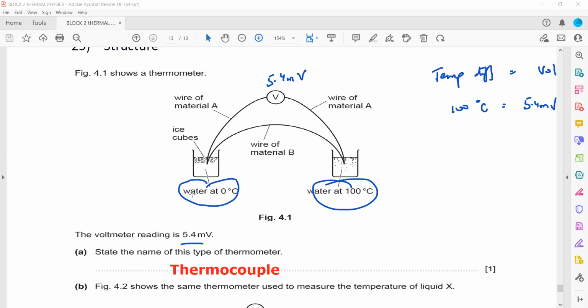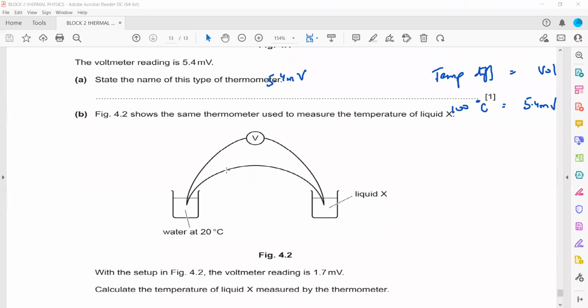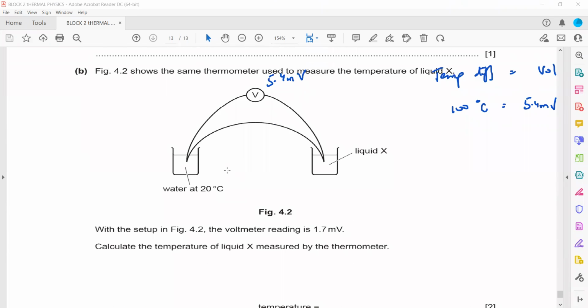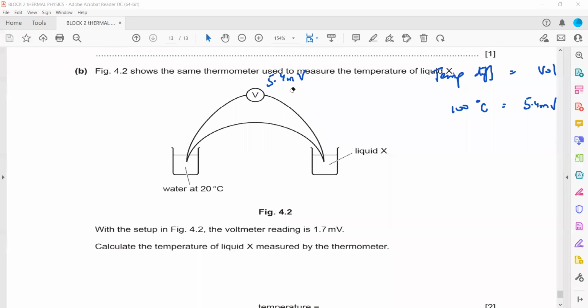And the second part, the figure shows a thermocouple. So now the voltage reading is 1.7 millivolt and one of the junctions is at 20, what is the temperature of the other? The voltage produced is directly proportional to the temperature difference between the two junctions, not the temperature of the other substance.